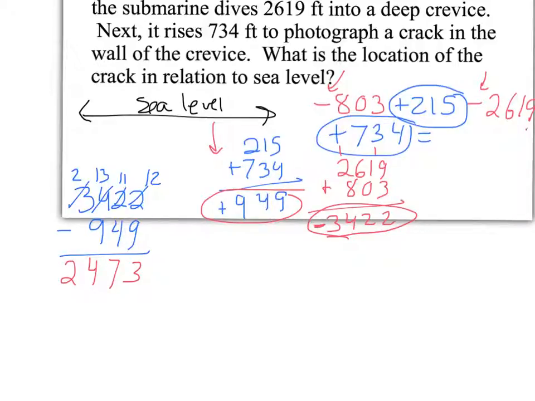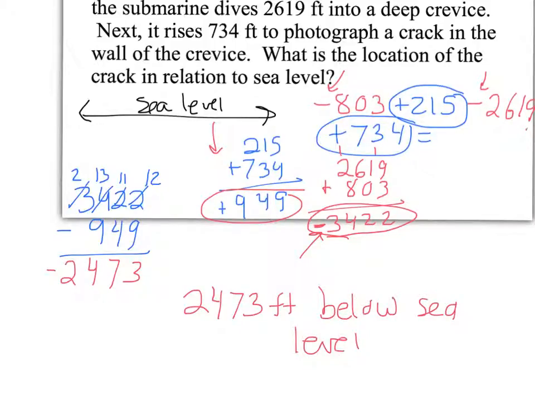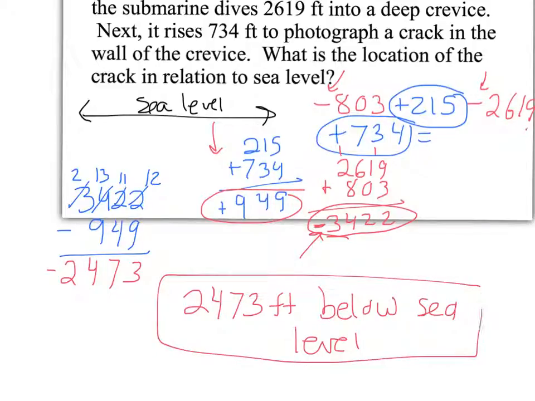And then you have to decide if it was positive or negative. This is clearly the bigger number. It's got a negative on it. So what is the location of the crack in relation to sea level? It's negative 2,473, but you could say 2,473 feet below sea level. Okay, so that's technically your answer. 2,473 feet below sea level. And that's it. Good job.